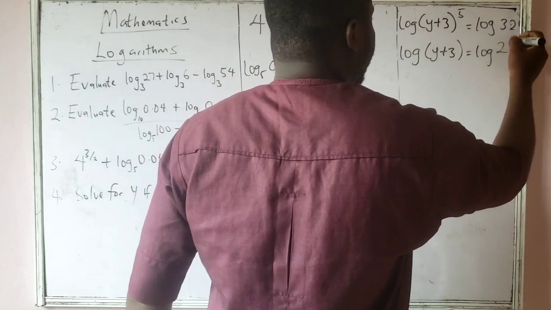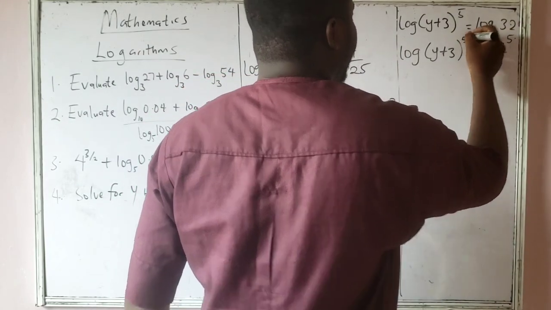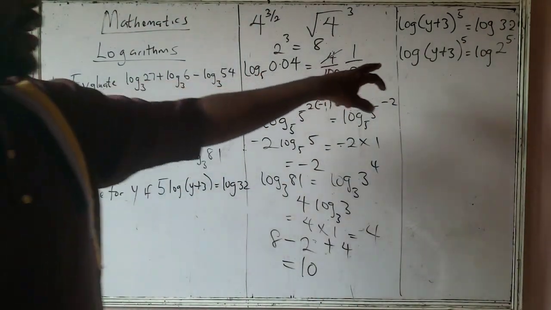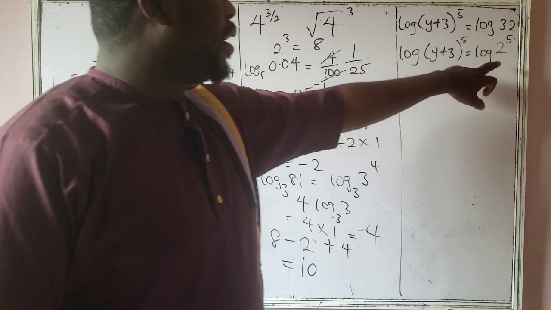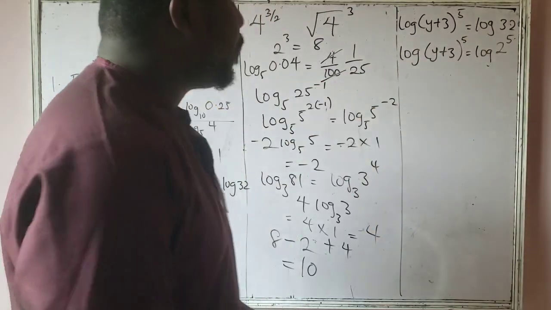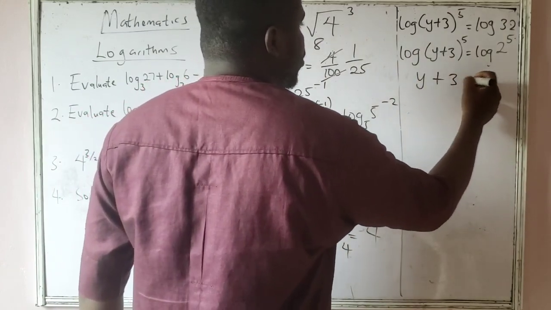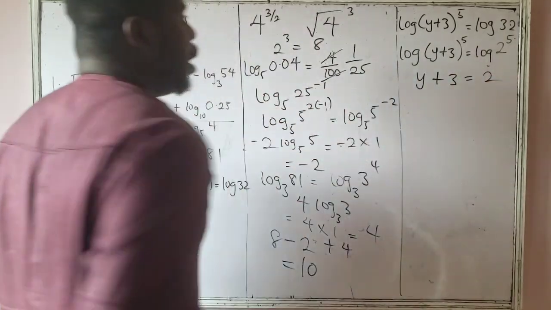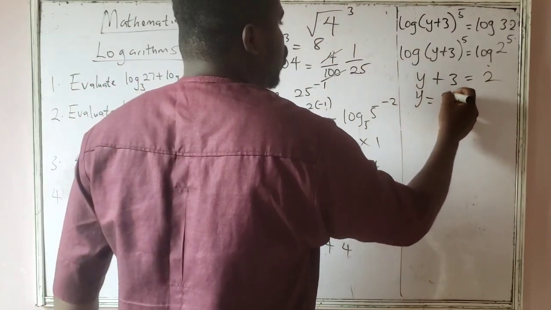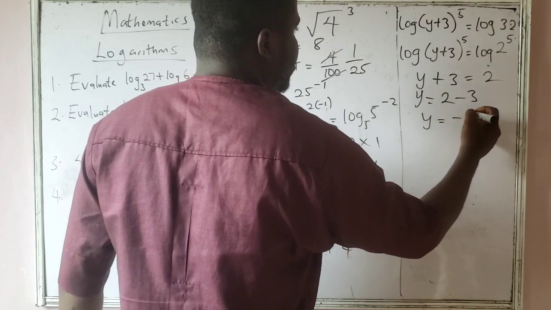So 2 raised to power 5. If you notice something here, if you do a comparison, we have log here and the powers are equal. And because the powers are equal like this, we write it as y plus 3 is equal to 2. And if y plus 3 is equal to 2, y is equal to 2 minus 3. And 2 minus 3 is minus 1.